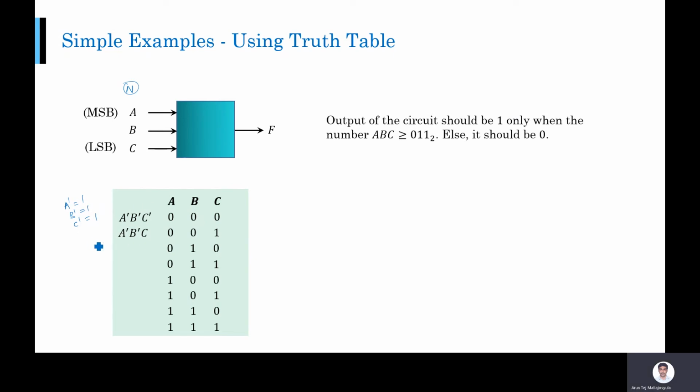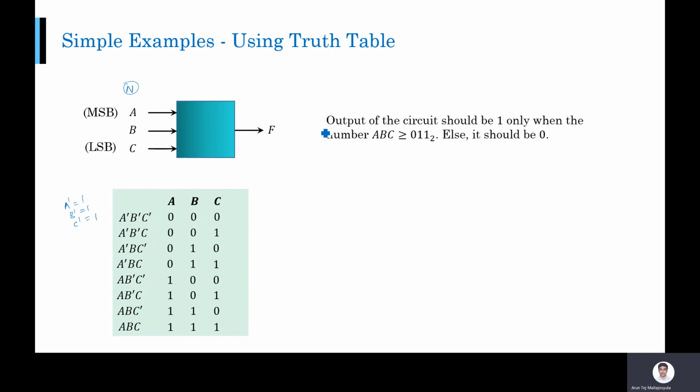So then I will have 1 into 1 into C is 1 anyway, 1. Okay, so I can assign A dash, B dash, C for this particular combination. So if this particular combination comes up, then this term is 1. And so if this term is kept in my function, then my function will be 1. In that way, I can assign for other combinations also.